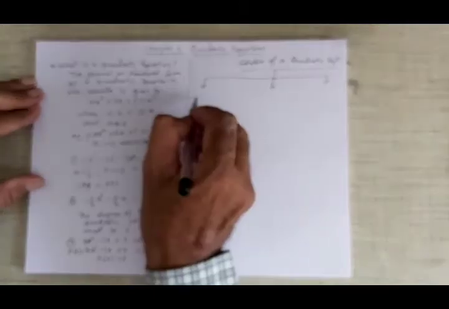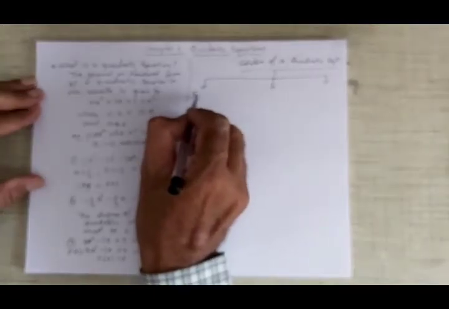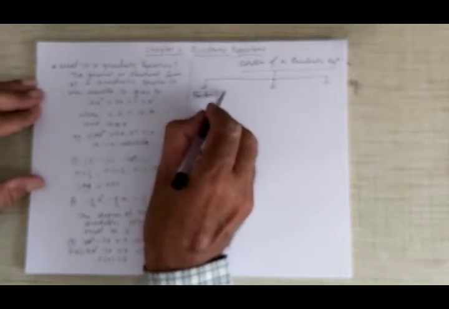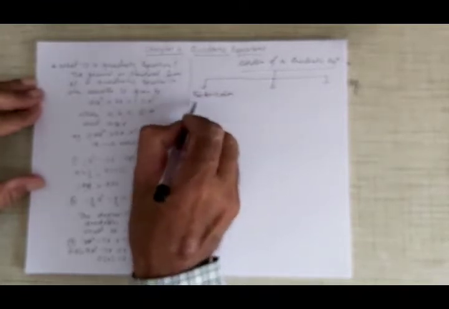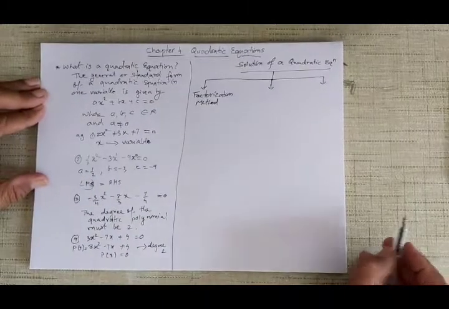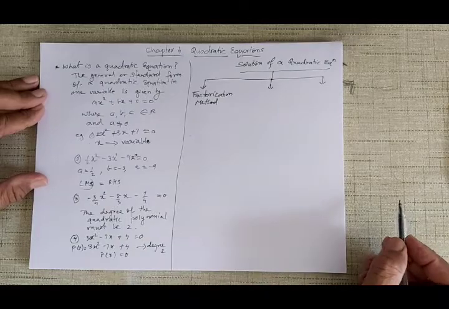The first method is the method of factorization, and you have learned this in the previous years. The factorization method can be used to obtain the solution of a quadratic equation.